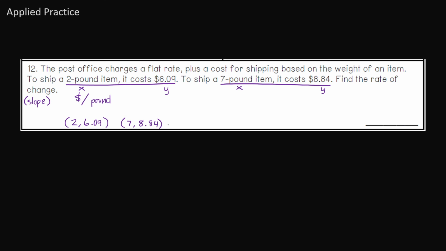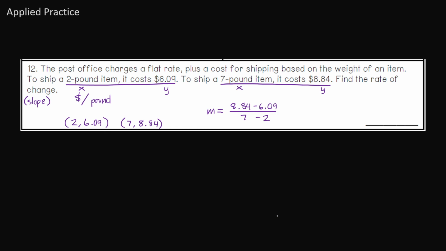And we know by now that we can find the slope or rate of change of this relationship between cost and weight. So let's plug it into the slope formula. Slope is equal to my y values subtracted from each other. Let's do 8.84 minus 6.09, divided by my x values subtracted from each other, in the same order, 7 minus 2. And when I simplify here, let me double check.